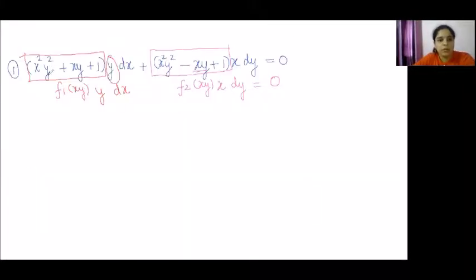So we will be finding the integrating factor, which will be 1 upon mx minus ny. After finding this integrating factor, multiply the equation with this integrating factor. The equation will become exact and then solve it further.